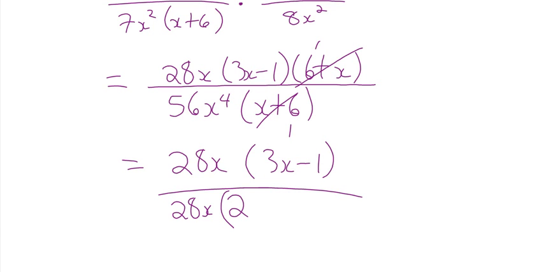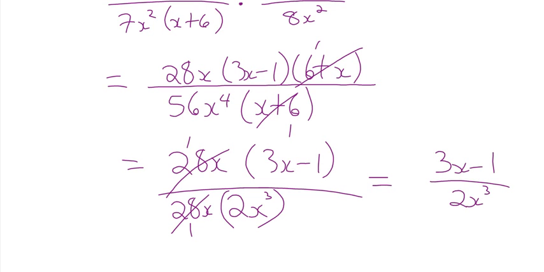And x times what gives you x to the 4th? X cubed. And now these guys cancel, and we get a single. So the idea is we need to end up with a single rational expression, right? So in other words, it's something over something. There's no times now. It's all being combined.